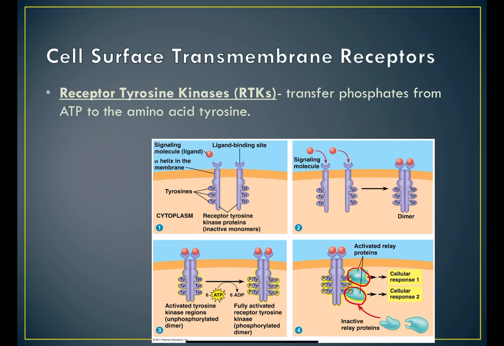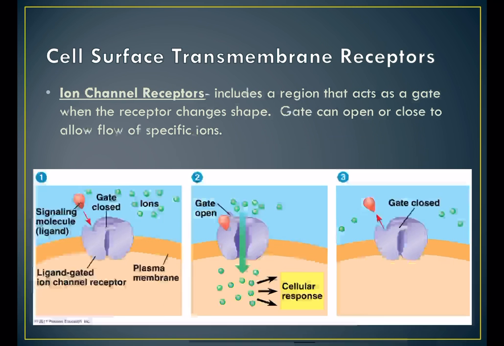Those irregular cells seem to have a lot of RTKs in them. And so treatment for breast cancer frequently focuses on signaling molecules that will bind to these RTKs and stop their activity or deactivate them. That's the relevance here, just to give you a sense of why this is important.